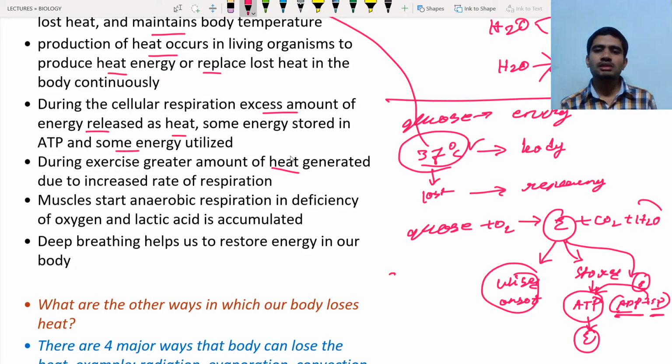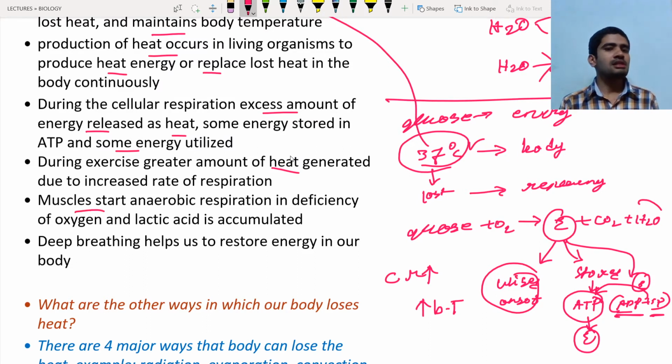When the cellular respiration is more, the body temperature increases. Your body needs more energy during exercise. The amount of energy present in the muscles is not sufficient for a longer period of time.